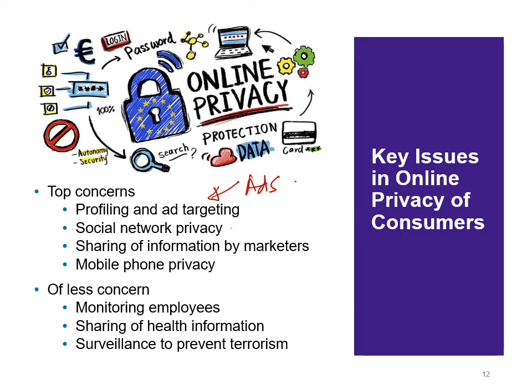Social network security as well. Why? When you share something online, especially on Facebook, people may trace you easily. Sharing of information by marketers. Why? Marketers use it to promote something else to you or sell it to other marketers.